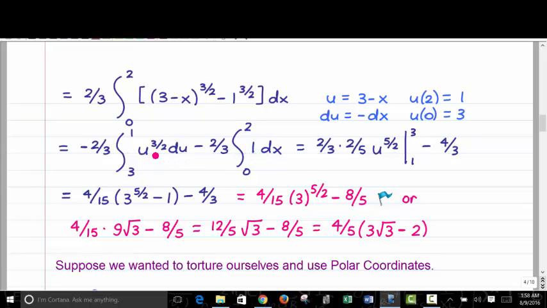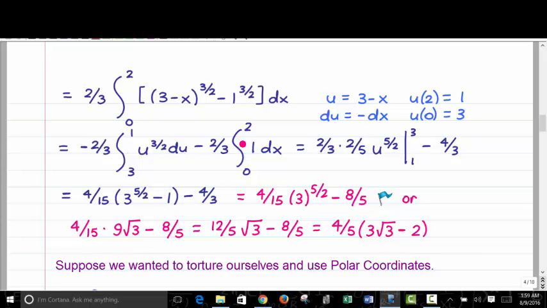So the u to the 3/2 du will be 2/5 u to the 5/2. Now what I did is I reversed those limits of integration to kill that negative on the outside. I've done that in other videos. And so that just reverses them around, makes this positive, so that's going to be 4/15. And we have 3 to the 5/2, and then 1 to the anything is 1. So we have 1 right there.